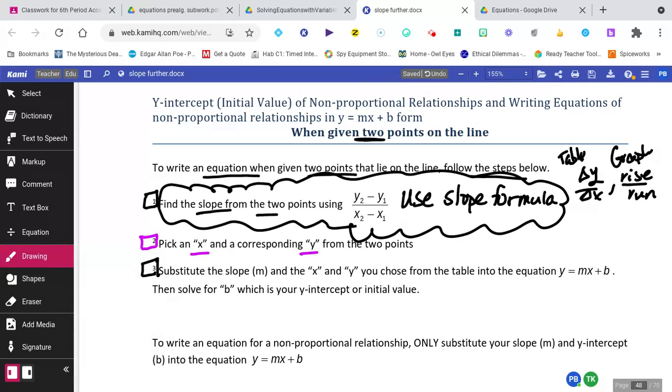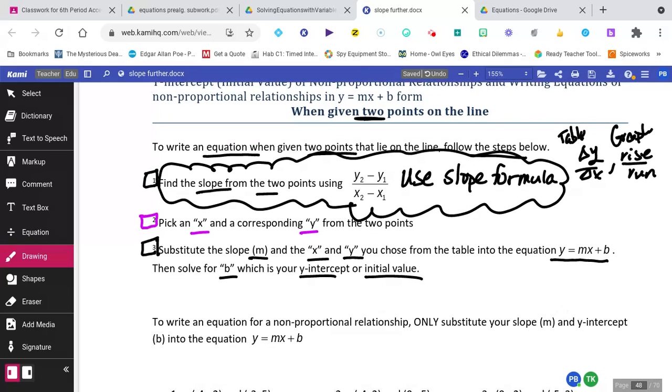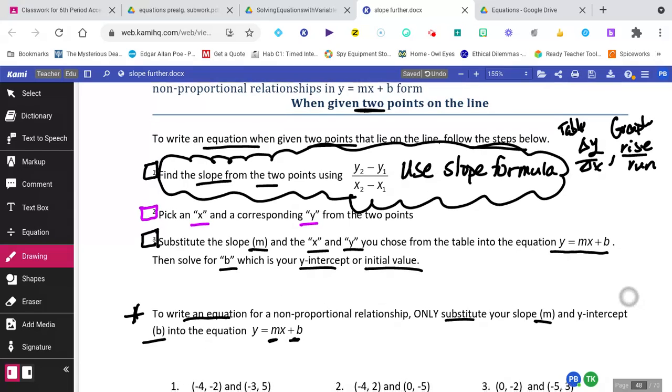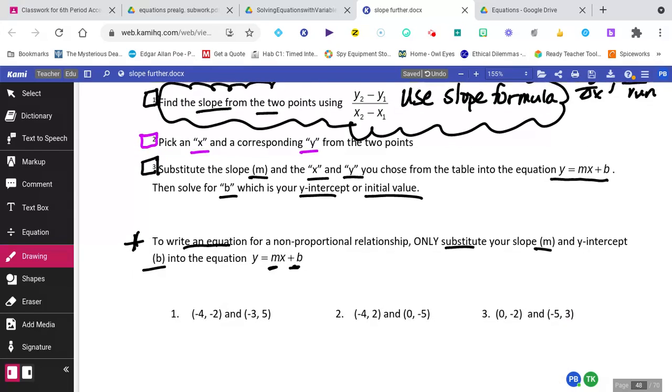You can substitute m, x, and y into the equation y equals mx plus b, which is going to help you find b, your y-intercept, also known as your initial value. It's pretty much the same thing we've been doing. So that finally, you can write an equation by only substituting your m and your y-intercept into that equation. So let's just go ahead and get started.